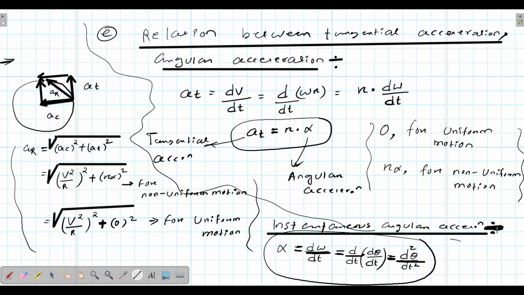Next is centripetal force. Centripetal force, then centrifugal force, then this portion is completed.